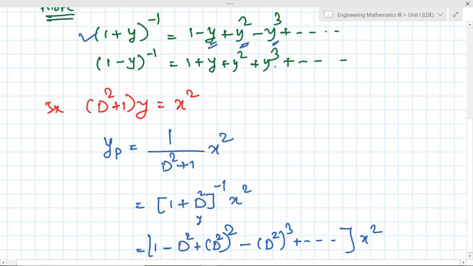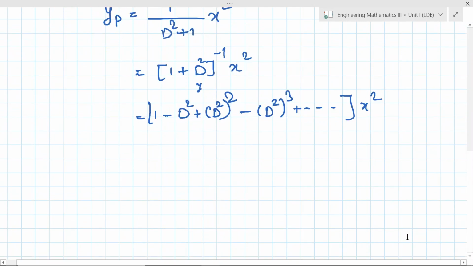Okay, in this expansion, see how many terms are there, and it depends on what? It depends on the power of x. How? See, D means derivative, so the first derivative of x² is what? D of x² is equal to 2x. D² of x² is equal to 2.